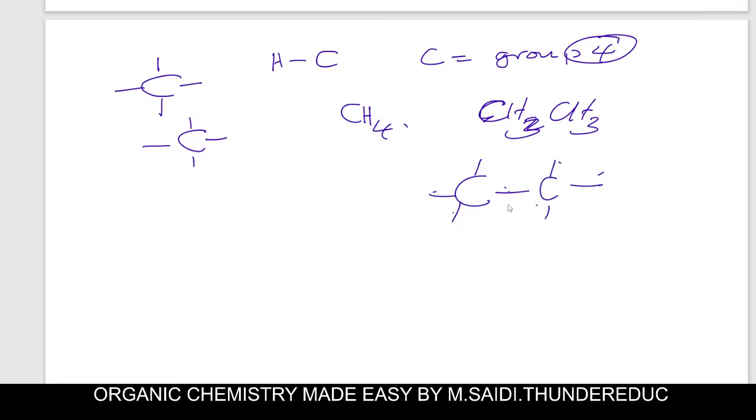So each carbon atom must share 4 bonds. I think I'm clear there. So that's why the functional group of alkanes in the homologous series is carbon, hydrogen, and the carbon single bond throughout.